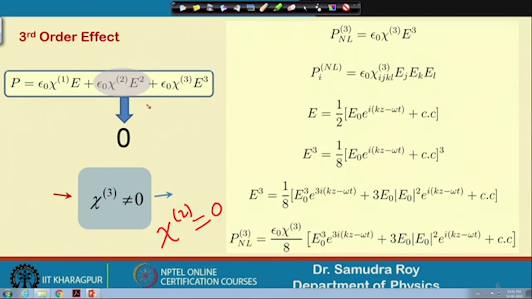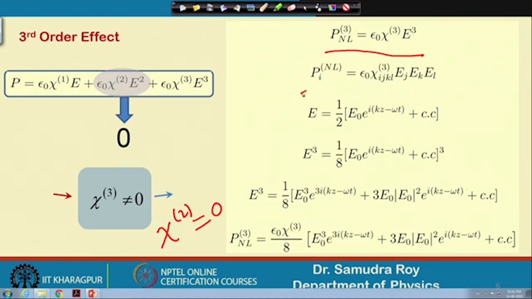So, P nonlinear here is related to chi 3 and it is now proportional to E cube. So, P nonlinear is now proportional to E cube. If I write it in component form, the ith component of the nonlinear polarization is kappa ijkl E j E k E l.